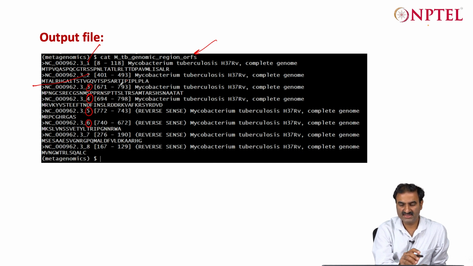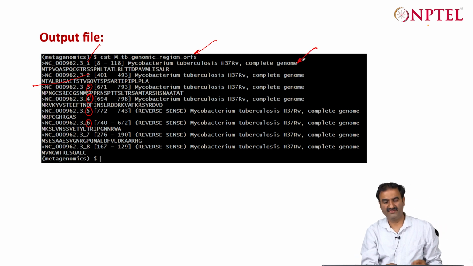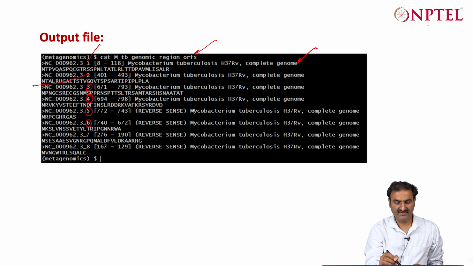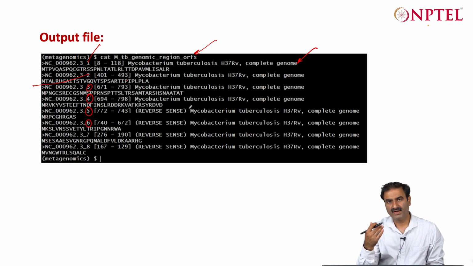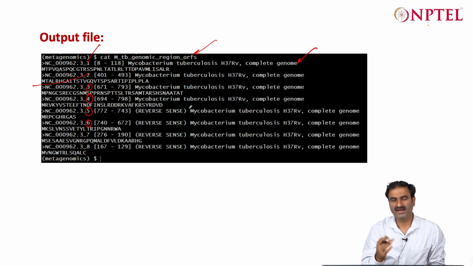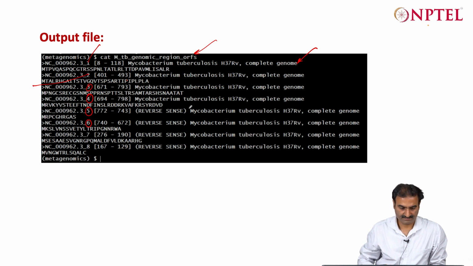At these locations there are potential ORFs in this genome. This was the annotation. Reverse sense means they are present on the complementary strand, the Crick strand or negative strand. So the forward strand also has ORFs and the reverse strand also has valid ORFs.